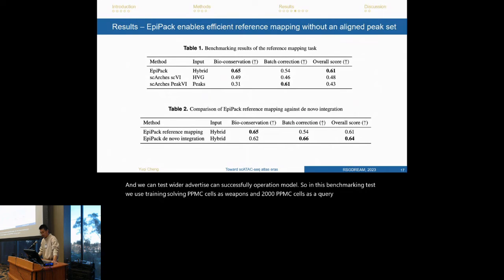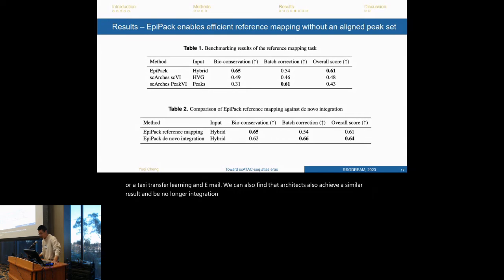Compared with the gene-based scVI plus scArches and aligned peak-based PeakVI plus scArches, our method shows better performance on single-cell ATAC-seq transfer learning. And meanwhile, we can also find that ATAC-seq could obtain a similar result as a de novo integration.